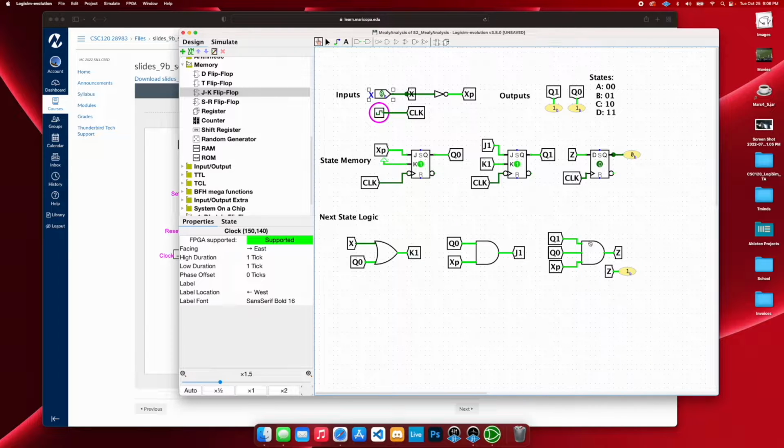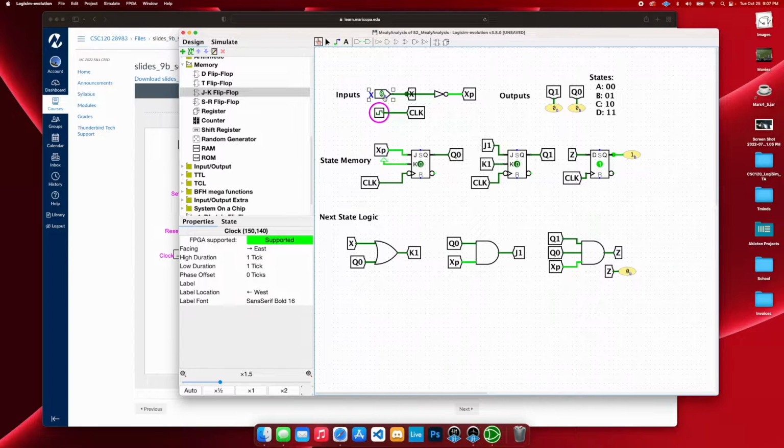Then we should have this output Z set to 1, because the two state codes Q1 and Q0 are sending 1, 1 into this AND gate, as well as this X prime input getting a 1 sent into it, which gives our output of 1. This is the only case where we'll get an output of 1, when all three are on.